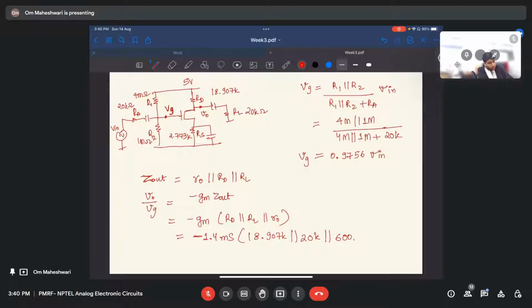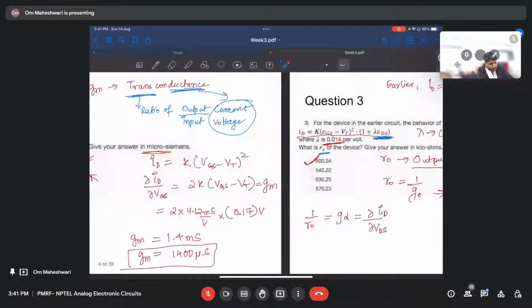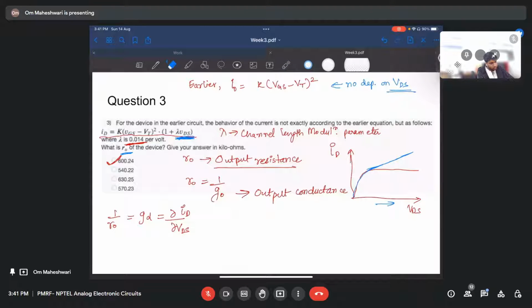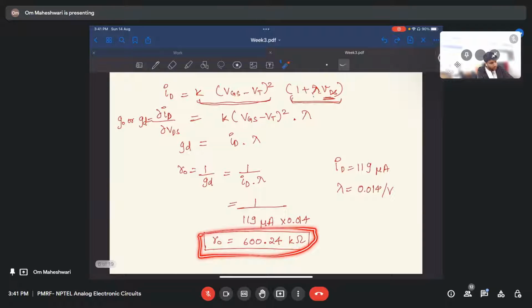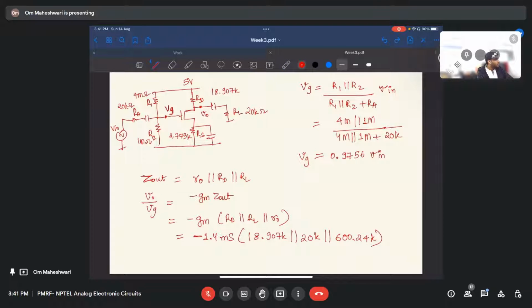RO we calculated earlier, it was 600.24 kilo ohms. So if we solve this, we will get minus 13.3883 for VO by VG.